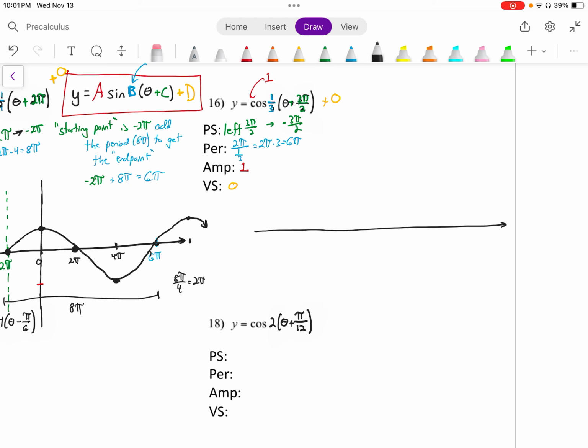Horizontal axis. We're not going to draw in the y-axis yet since we have a phase shift. Let's talk about that phase shift. Our starting point is -3 pi over 2, and we are going to add the period, which is 6 pi, to get the end point of the first cycle.